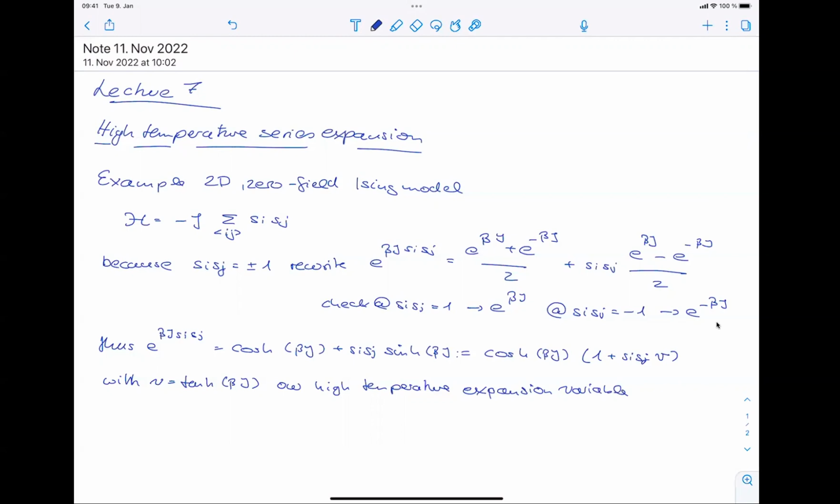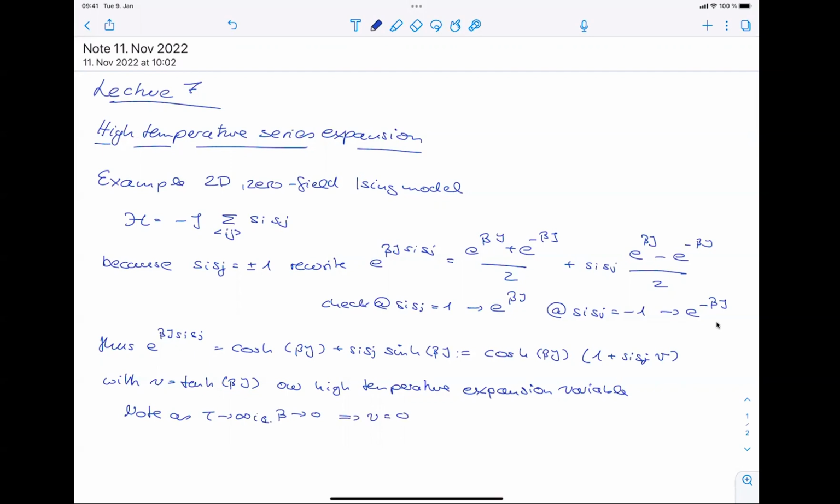And so why is this a high temperature expansion variable? So if we send T to infinity, which means I send beta to zero, this implies that my V becomes 0, right?